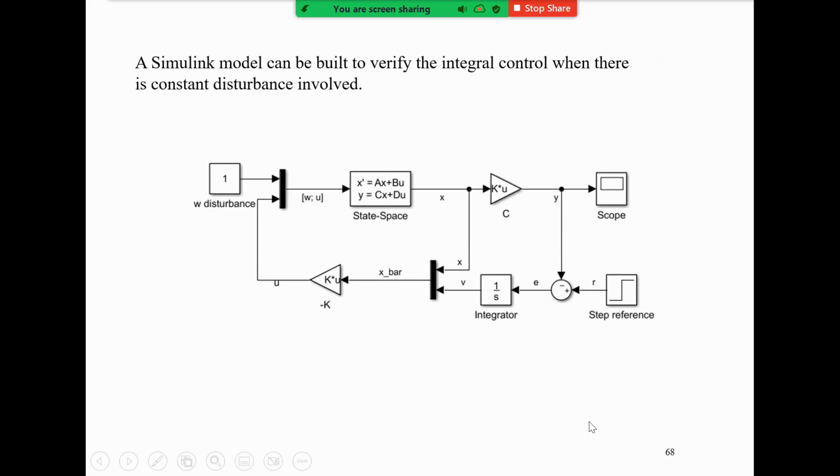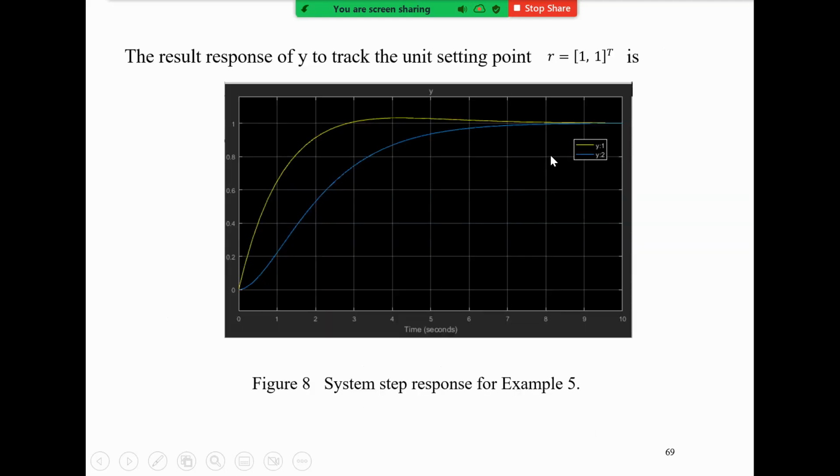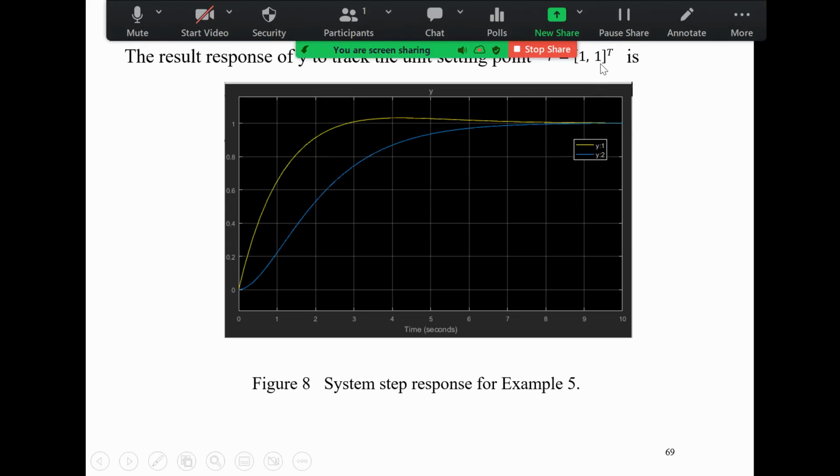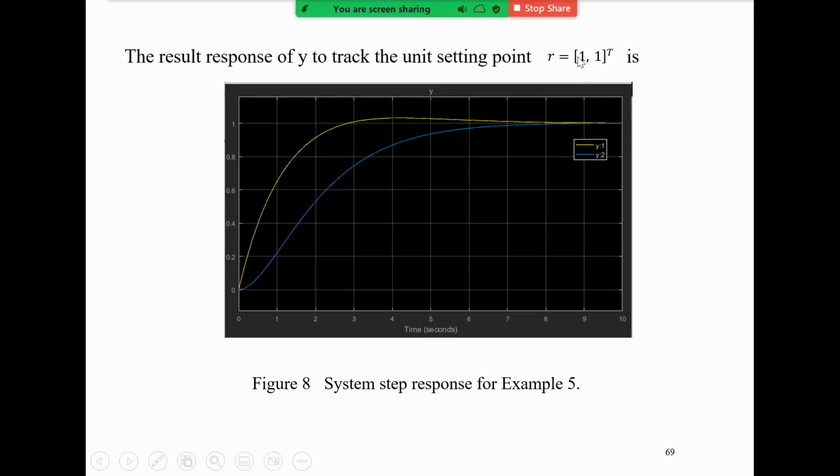The order of the system is 6, right? But anyway, for this one, you do it, then you can see this is the result. Let's say I want both of the 2 outputs to follow a constant step. You can see eventually those 2 outputs will converge to the constant step following the integral control.